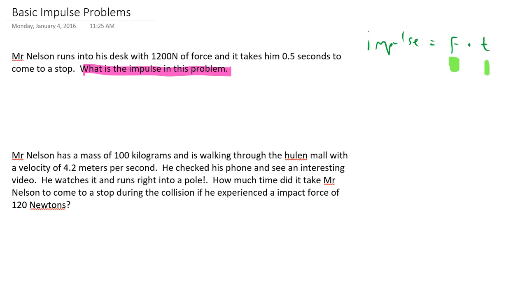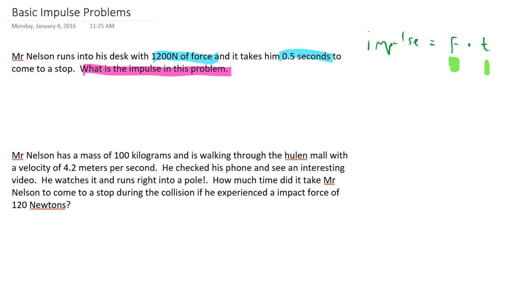So what you do is label your values like usual. It says here, Mr. Nelson runs into his desk with 12,000 newtons of force, and it takes him 0.5 seconds to come to a stop. So all we have to do to find our impulse is take these values and multiply them.